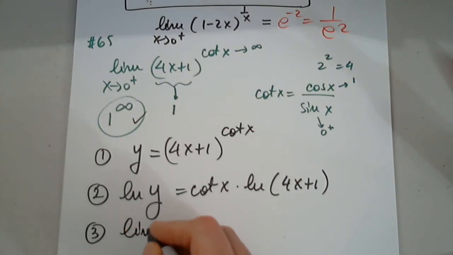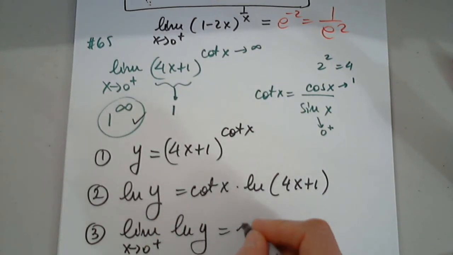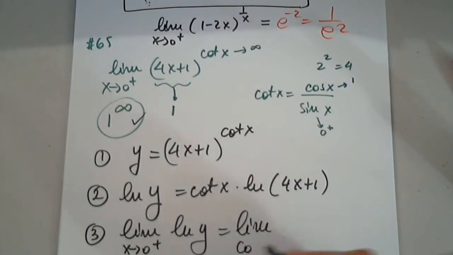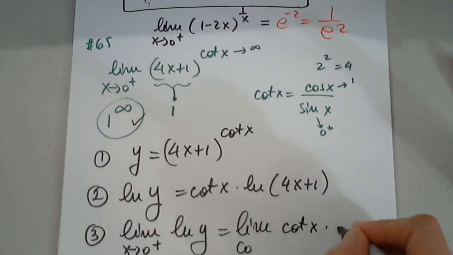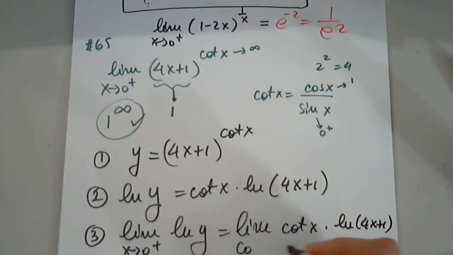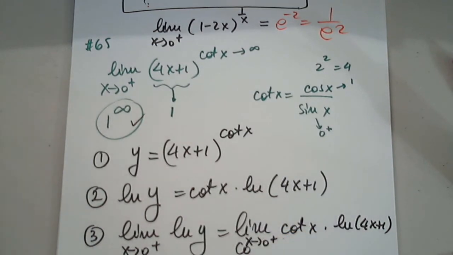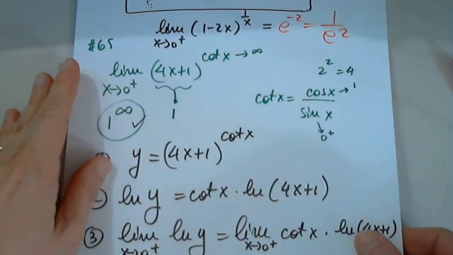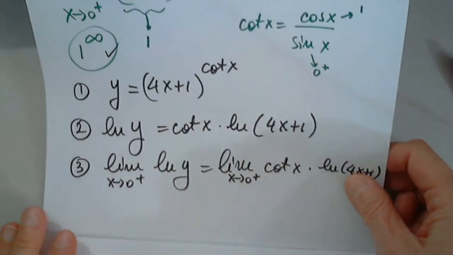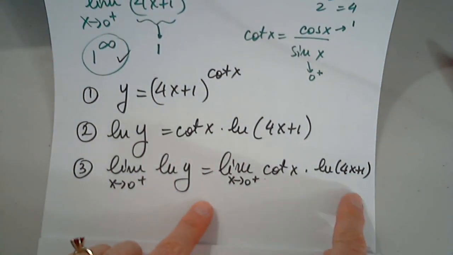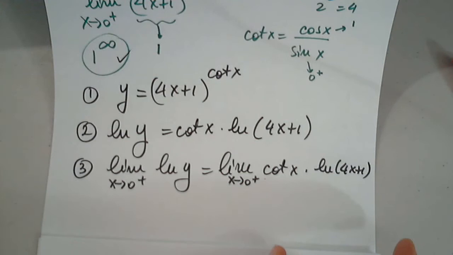Yes, we apply the limit as x approaches 0 from the right, from natural log y equals limit of cotangent x times natural log of 4x plus 1, of course, when x approaches 0 from the right. Okay, perfect. So now we have to see what this limit is all about. That's our next step. That's our focus right now. Get this limit. So then we can copy the beginning and the end.